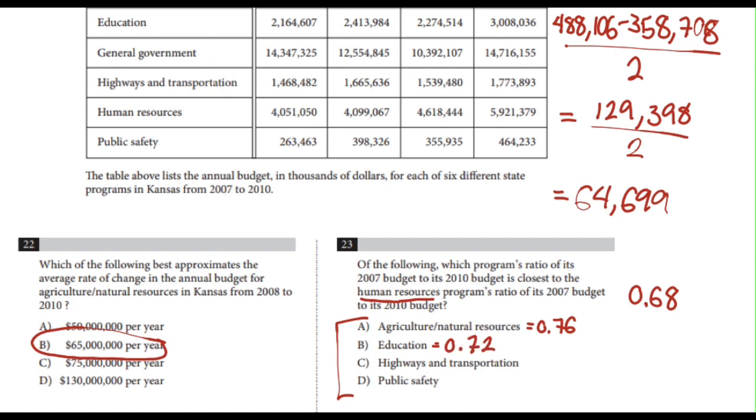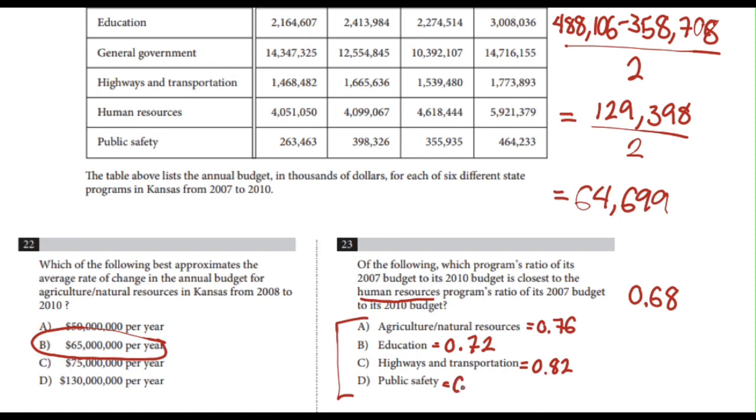Highway and transportation, 1,468,482 divided by 1,773,893. This is going to be 0.82. And finally, public safety. We're going to divide 263,463 by 464,233.